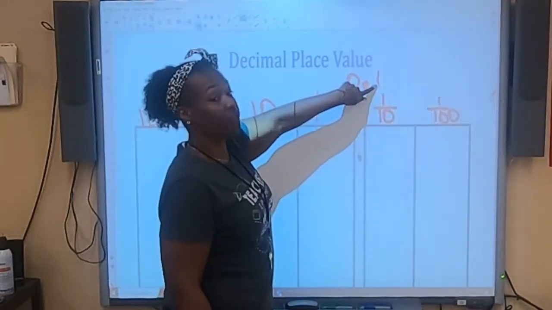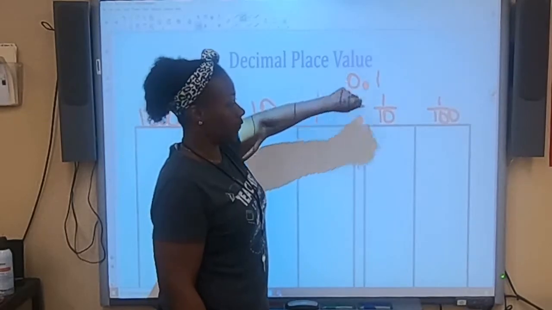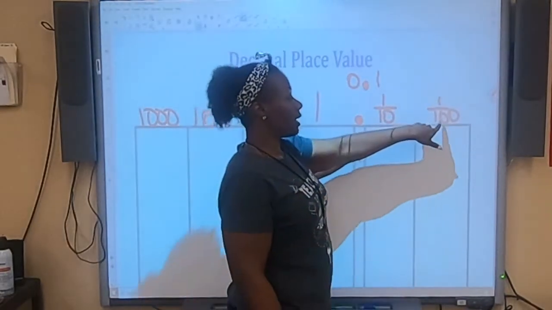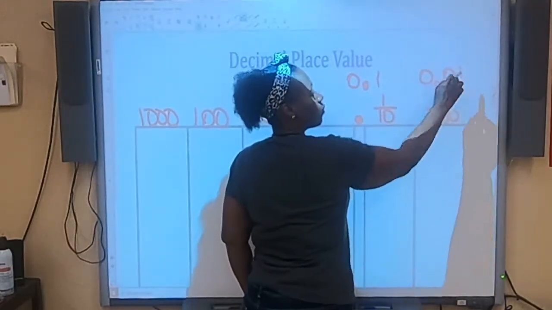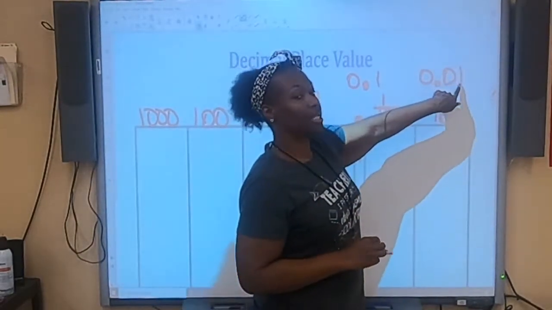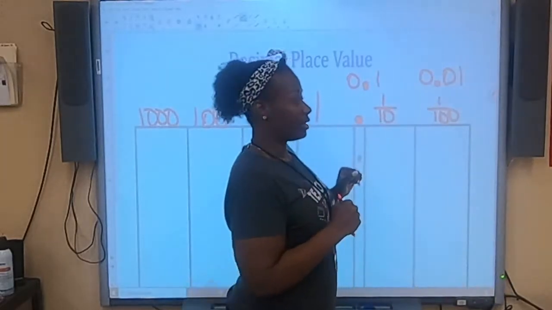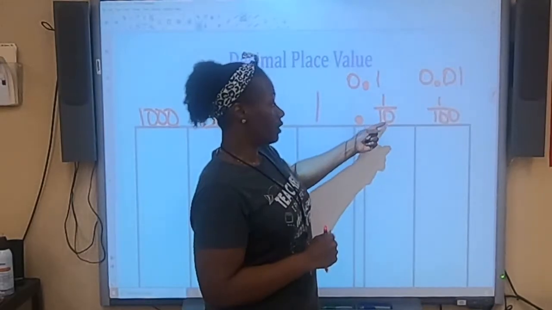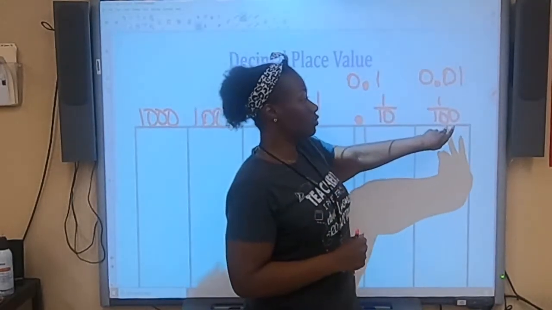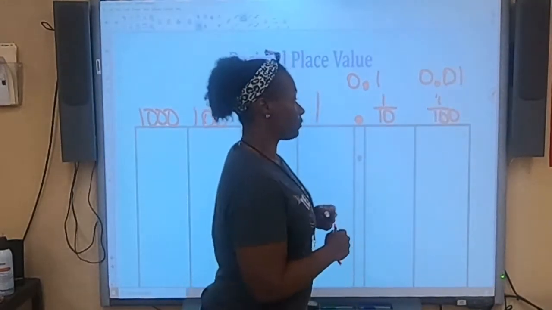Notice my 1 is in the first place after the decimal. For the hundredths place in standard form, I would write 0.01. Notice that 1 is in the second place after the decimal. My zeros also help me with my places. 1 zero, first place. 2 zeros, second place.